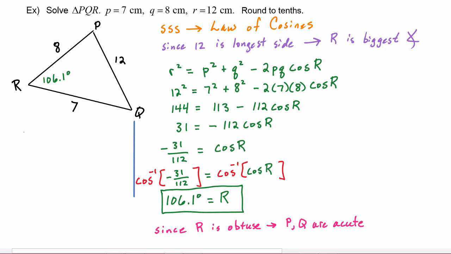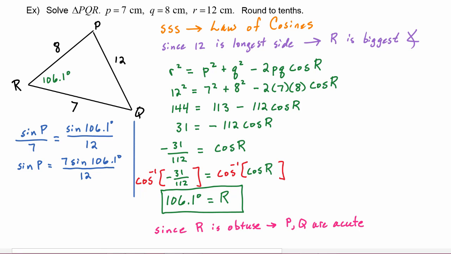We know that the sine of P divided by 7 is going to have to equal the sine of 106.1 degrees divided by 12. So the sine of P is going to equal 7 times the sine of 106.1 degrees divided by 12.